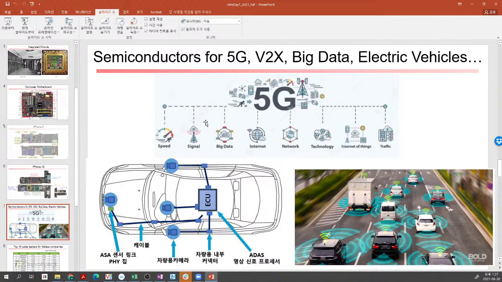So nowadays, semiconductors are everywhere, right? Recently, we are in the wireless, 5G era. The speed went up, and we have to deal with very large big data throughout the internet, and the network is very complicated because we have to handle so much data, right?